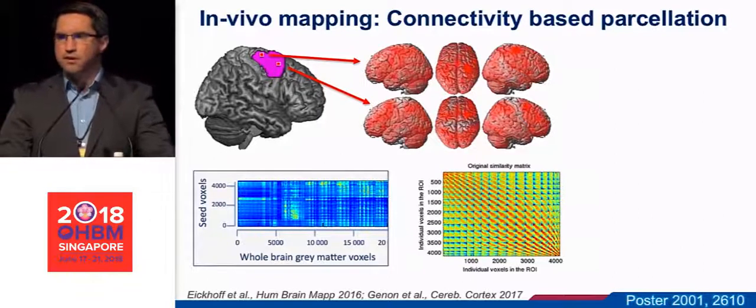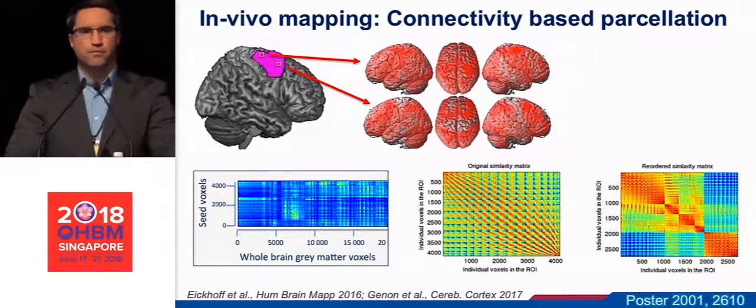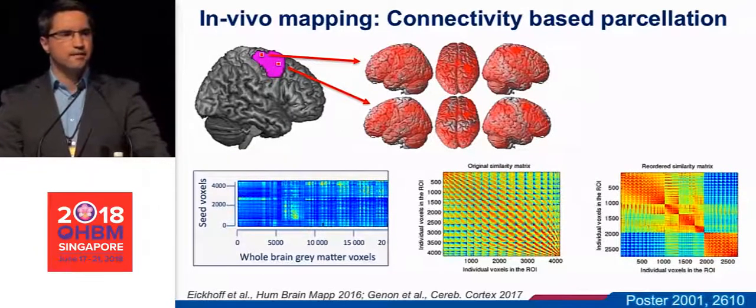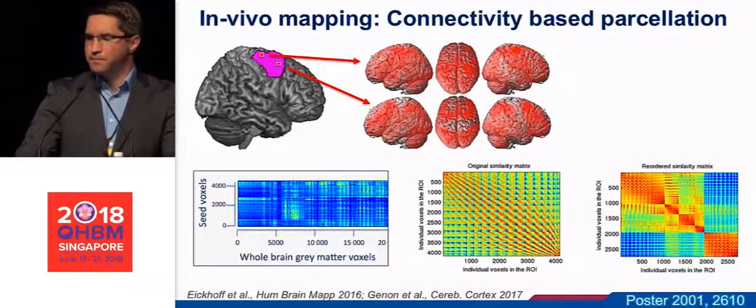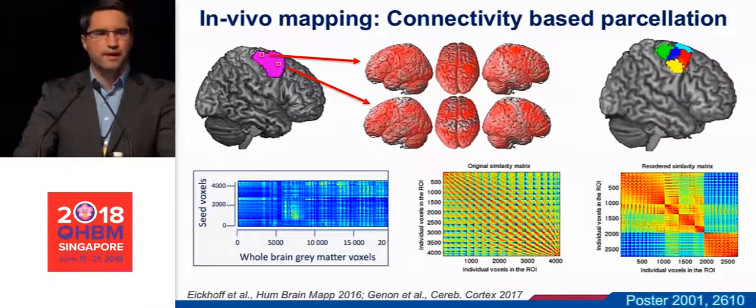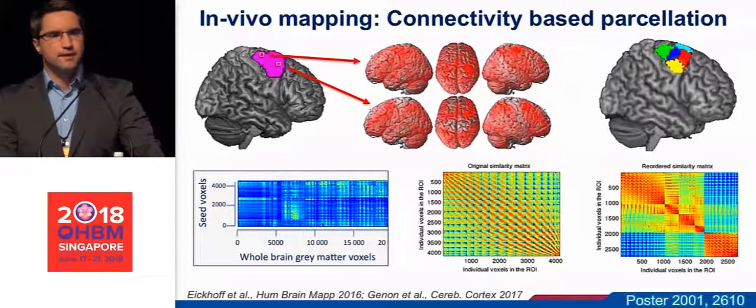Using unsupervised learning, clustering, we can then group the different voxels such that voxels with a similar connectivity profile are in one cluster, whereas the connectivity profiles between the clusters are as different as possible. If we map that back to the brain, we get something that is very similar to what we've just seen from the cytoarchitecture.